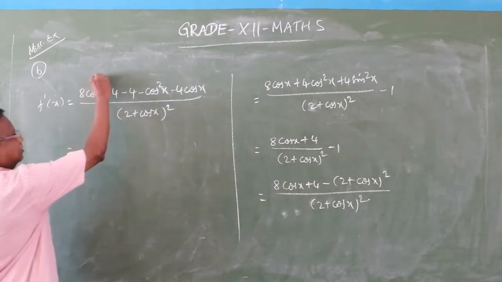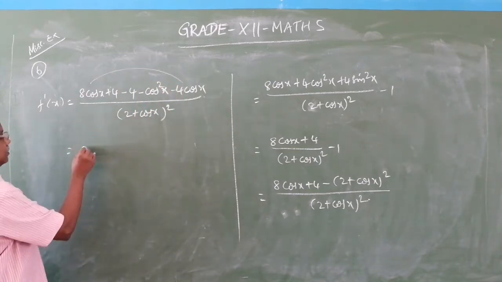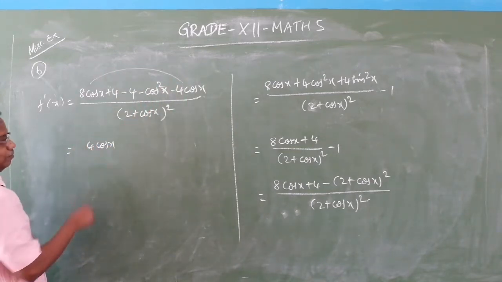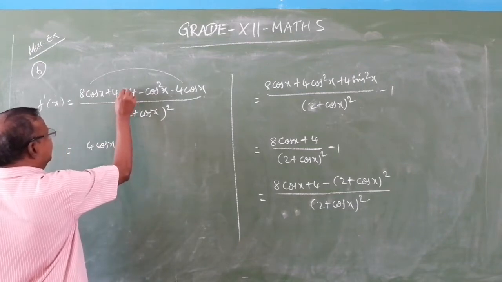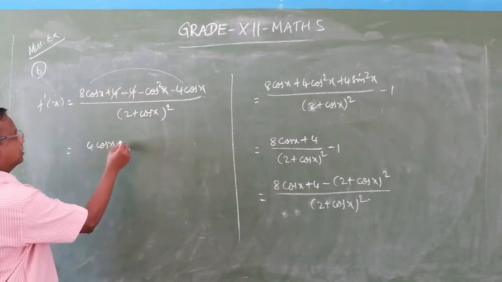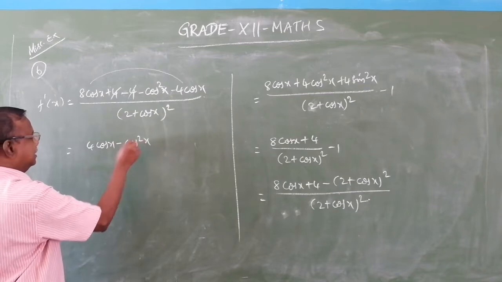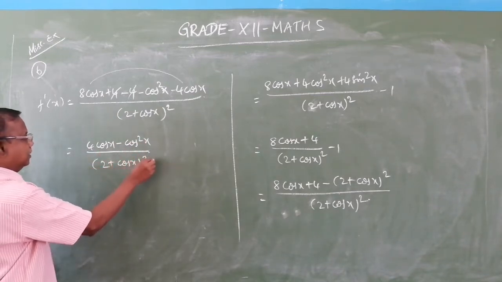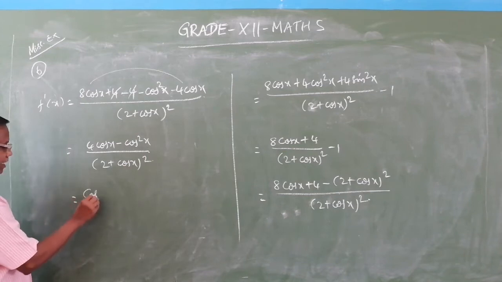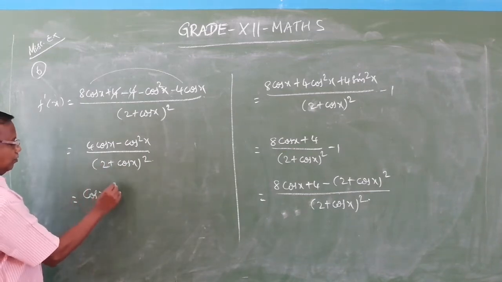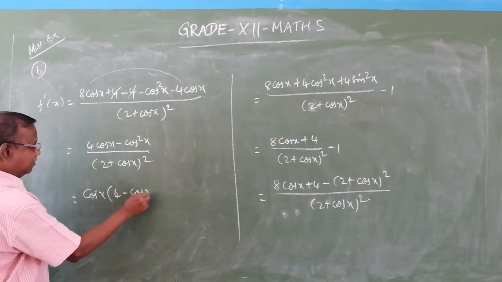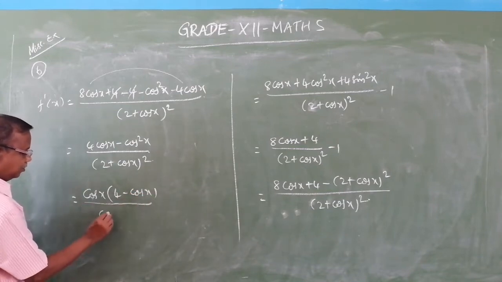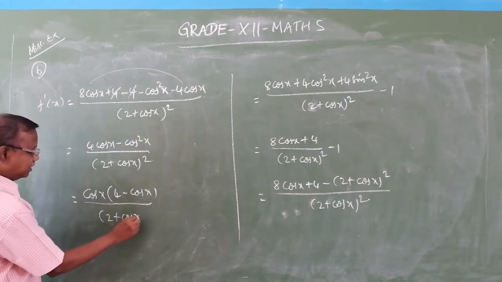This is equal to 8 cos x minus 4 cos x, and plus 4 minus 4 cancel. So eliminating this, 4 cos x minus cos square x divided by 2 plus cos x the whole square, which is equal to cos x into 4 minus cos x divided by 2 plus cos x the whole square.